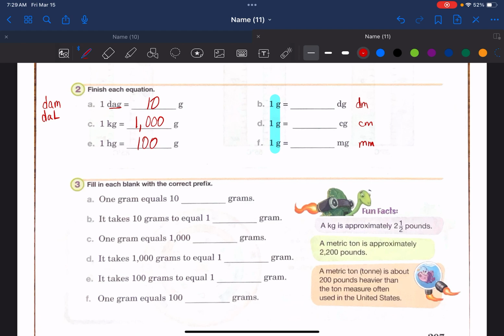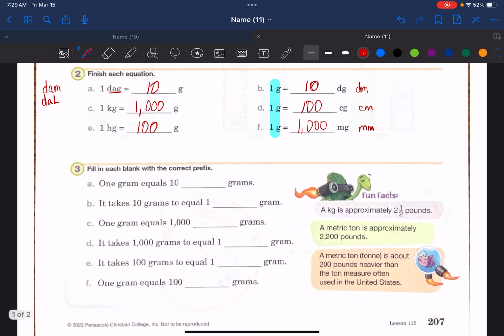That was linear. So I would need 10 decigrams. How many centigrams? Think about a century, or how many cents in a dollar? 100. And then milligram. How many milligrams? 1,000.